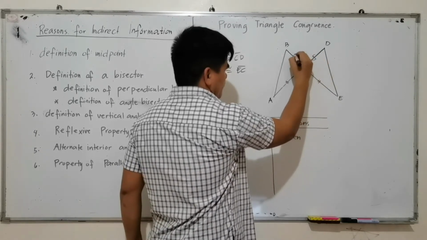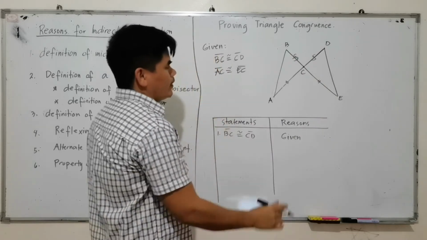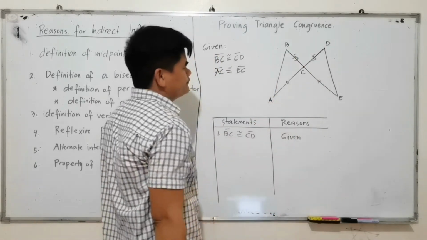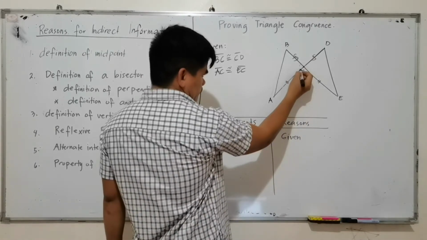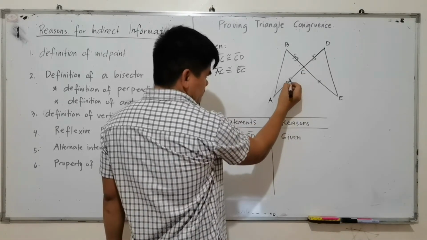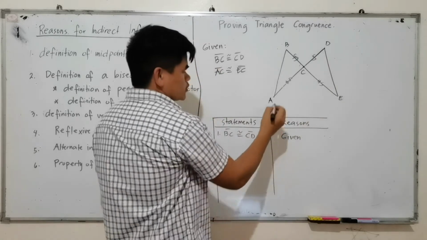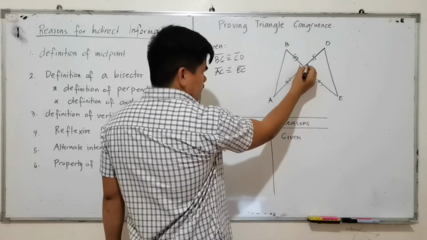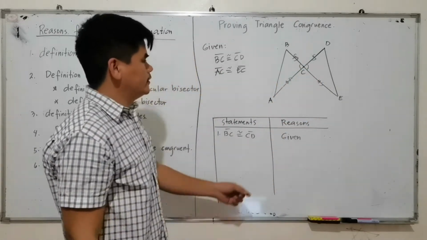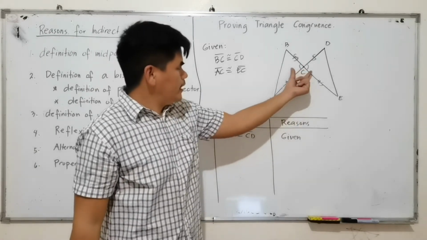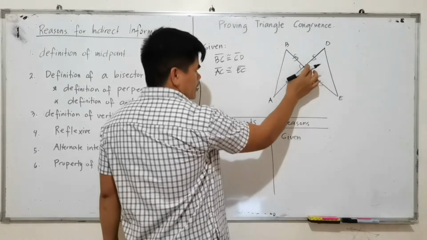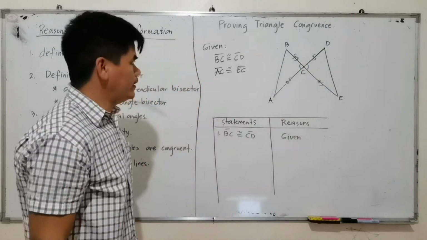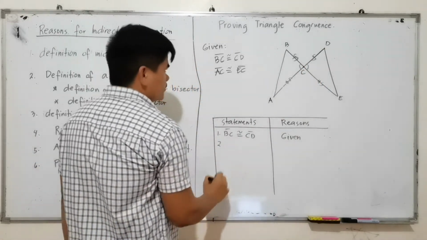We'll mark that as S. Now, side, then what's next? We need an angle, because we have this given side also. And it is very clear that these angles here are said to be equal.